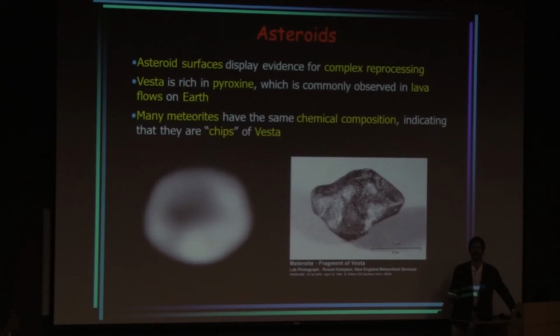Now you might think, how do we know what the chemical composition of Vesta is? We can't even get a clear photo of it there, right? I mean, that's not even clear enough to Photoshop and put Elvis on it or something. That's really a pretty fuzzy photo. But the thing is, we can do spectroscopic observations of the radiation coming off Vesta without being able to take a clear photo.